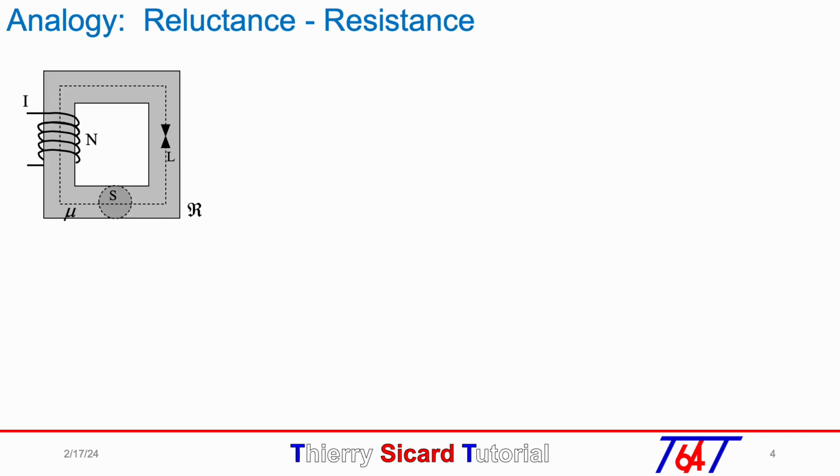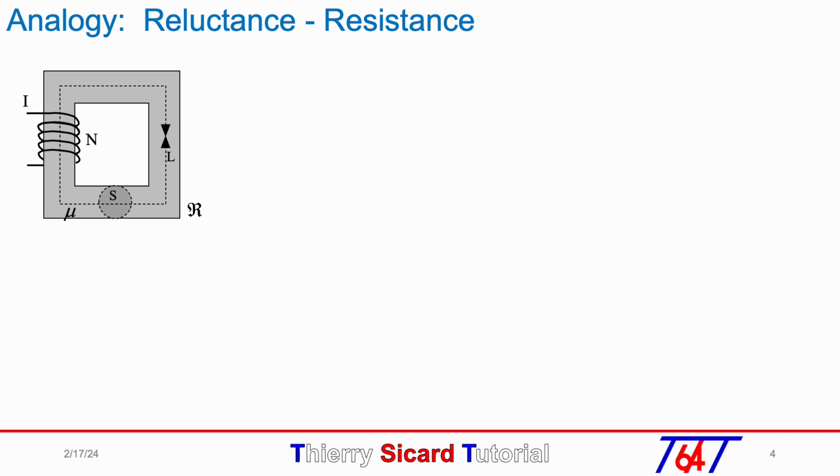Here we have a magnetic circuit with a reluctance R, an average length capital L, a section capital S, and a permeability mu. The magnetic flux will be forced with a coil of N turns.